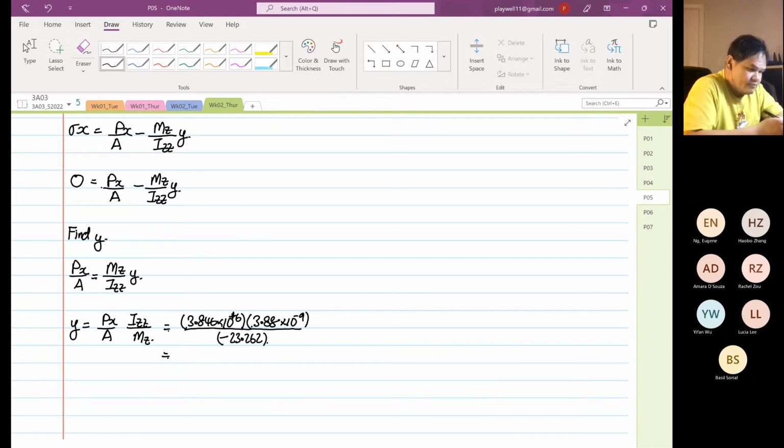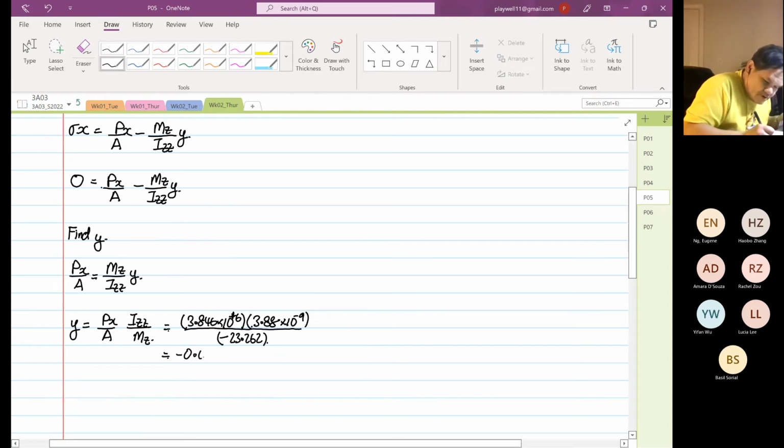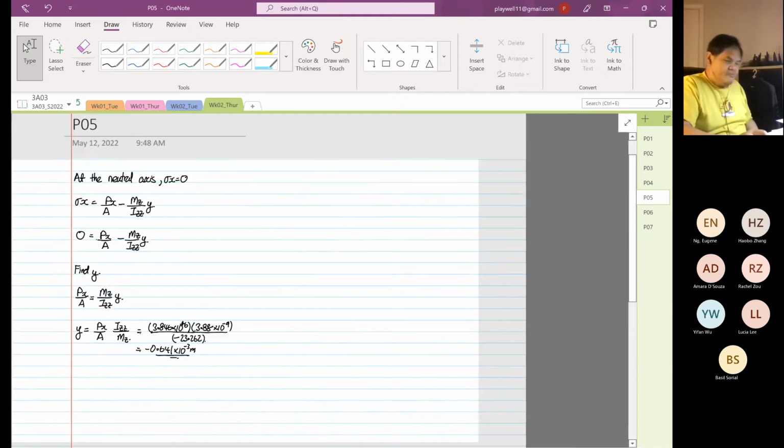So it's equal to minus 0.641. Okay, I get minus 0.641 times 10 to the power minus 3 meters. Okay, so you can use this technique purely based on formula.